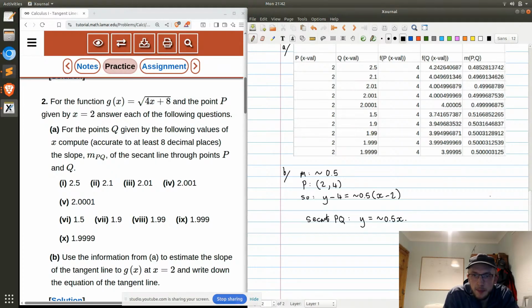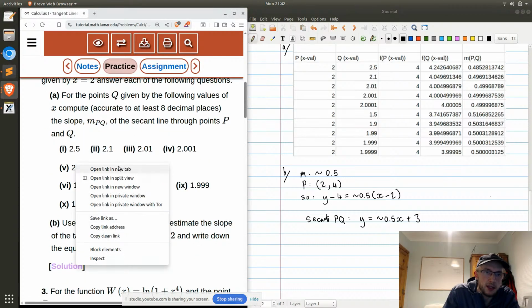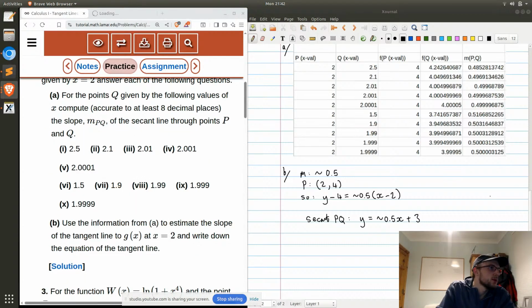Minus 1, and then add 4, so plus 3. So something like that, and there's the notation that I've made myself.